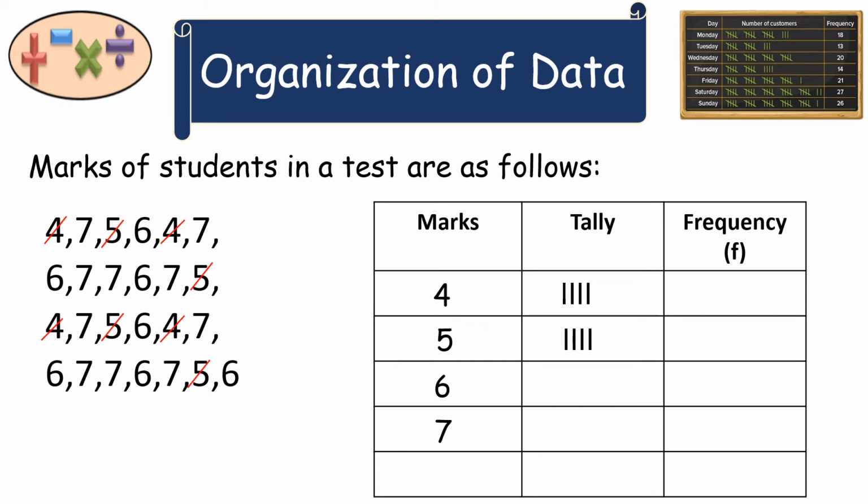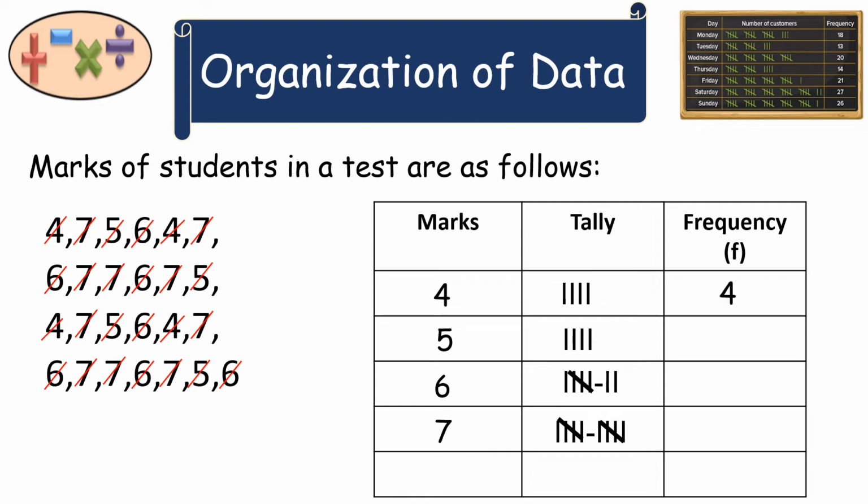So we also have 4, 5. And then 6, 1, 2, 3, 4, 5, 6, 7. And then under 7, 1, 2, 3, 4, 5, 6, 7, 8, 9, 10. So we have 10. That is how we tally.